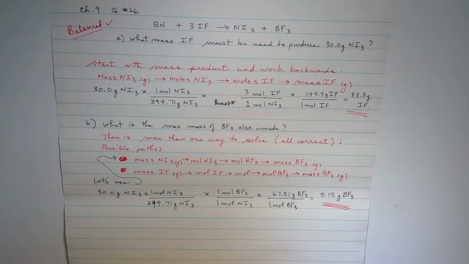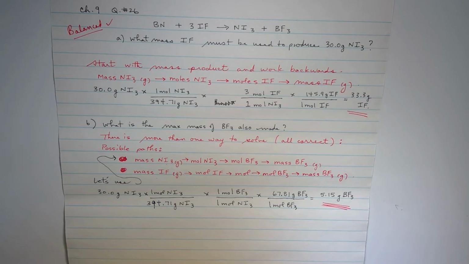And in this question, we're going to start with the 30 grams of product, NI3, and work backwards. It's logical in the other problems where they say, here's so much reactant, how much product is formed. That's a more natural way to think about it from left to right. This is the same idea, you're just working backwards.